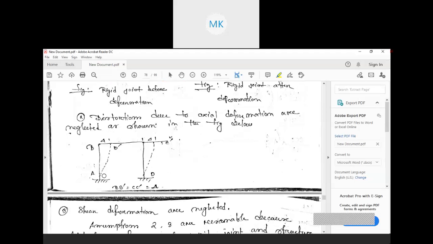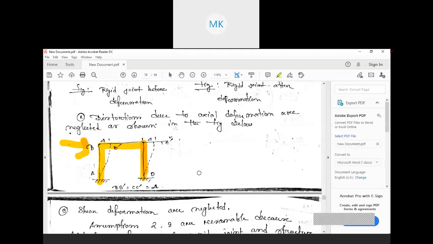Next, distortions due to axial deformation are neglected, as shown in the figure. Our frame is A, B, C and D. If we apply some pressure from this side, the member may be distorted something like this, making a deformation of delta as B dash and C dash.